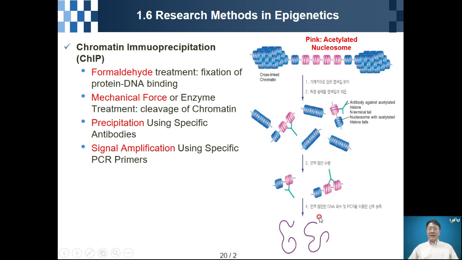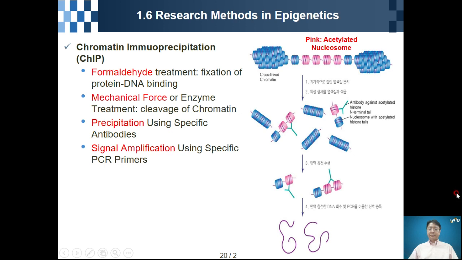After that, we purify the DNA. Then we can do signal amplification using specific PCR primers. So this is chromatin IP.